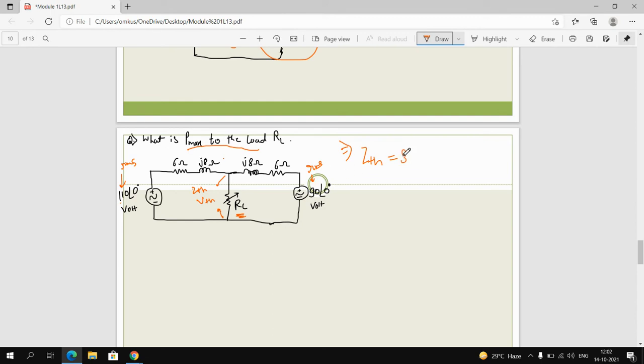Which is equal to 3 plus 4j ohm. And what is the value of VTH? When you calculate the VTH, you need to use KVL here. KVL gives directly the value of this VTH. When you calculate it, you will get 100 volt.